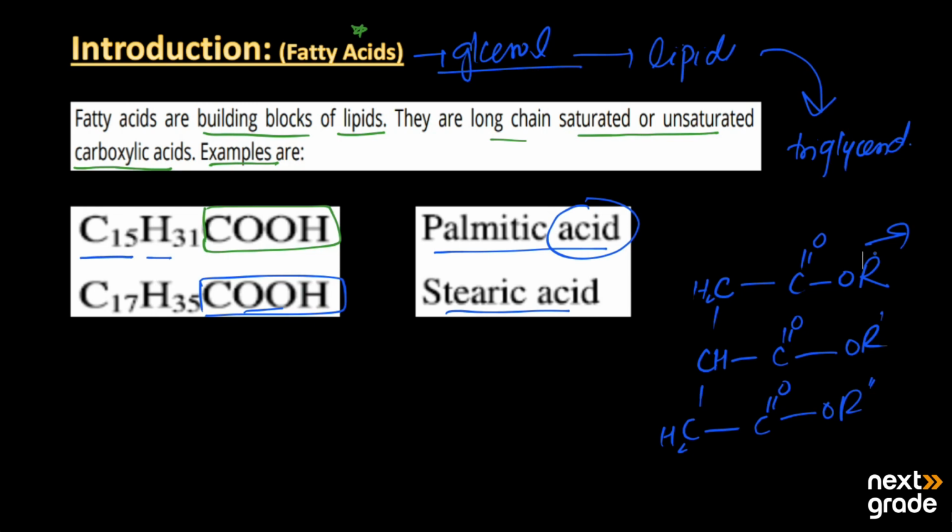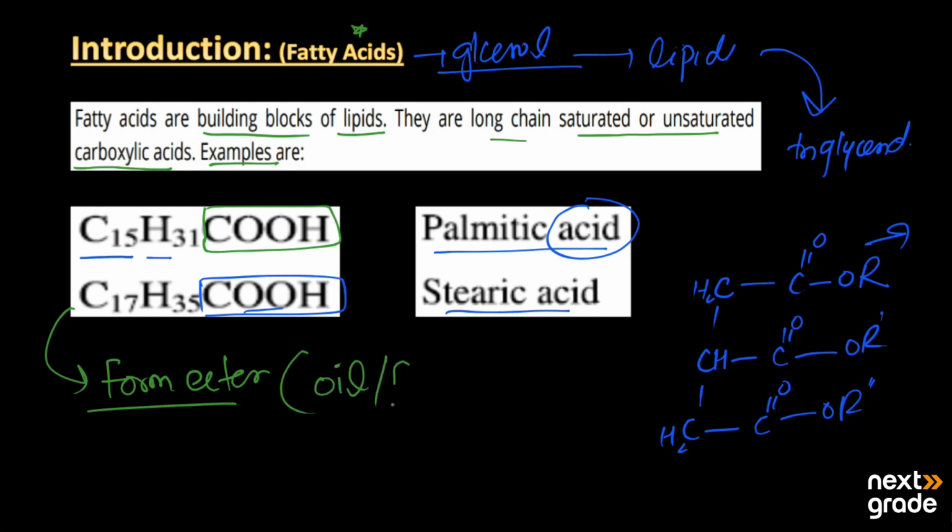So all these acids combine and form the esters. When they form the esters, these esters may be of two types: they may be oil or they may be fats.